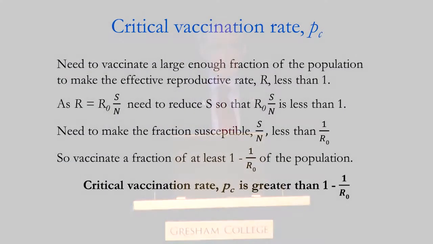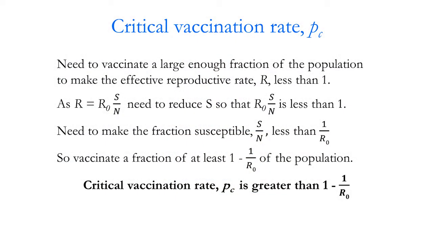We can easily calculate the critical vaccination proportion in order to eradicate the disease, which I'm denoting here by P sub c. Going back to our reproductive rates, you need to vaccinate a large enough fraction of the population to get the effective reproductive rate R to be less than 1.